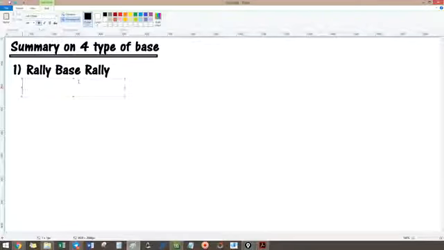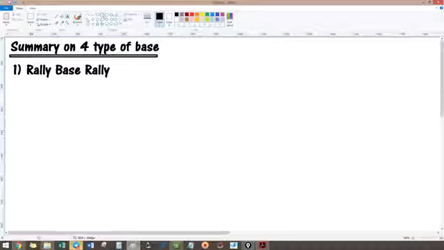Need to have 3 candles. Okay. I think I'll just draw it. It's easier. Rally base rally. This one, a two, and a three.